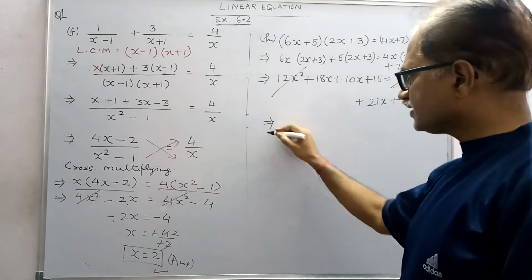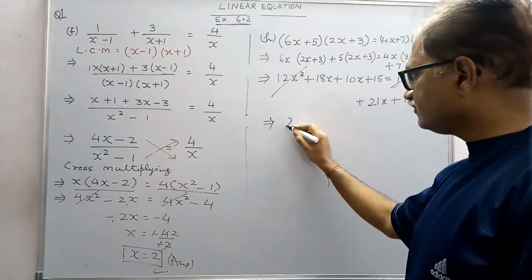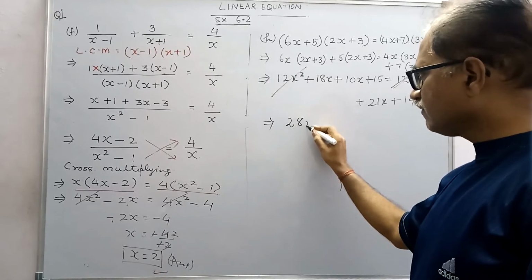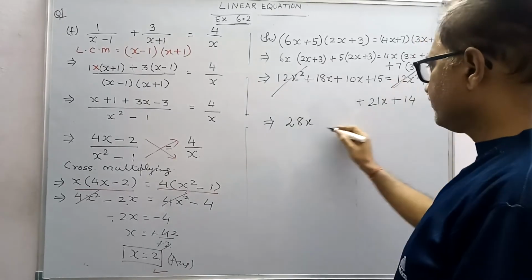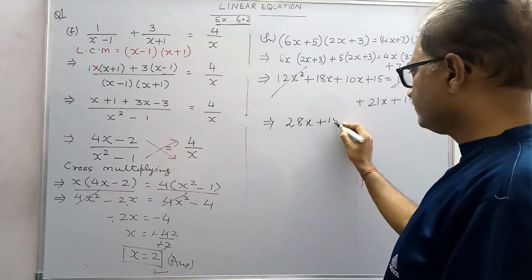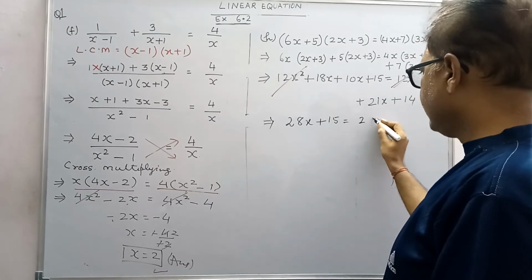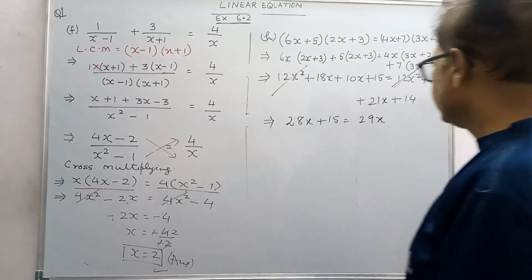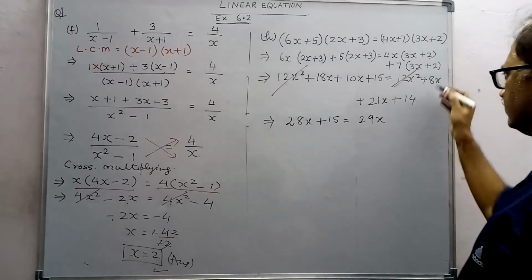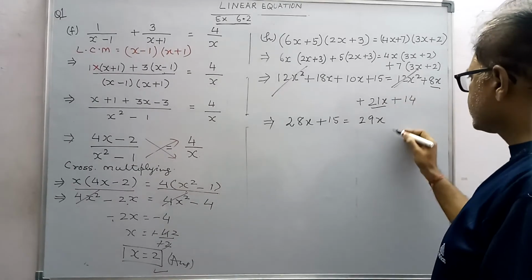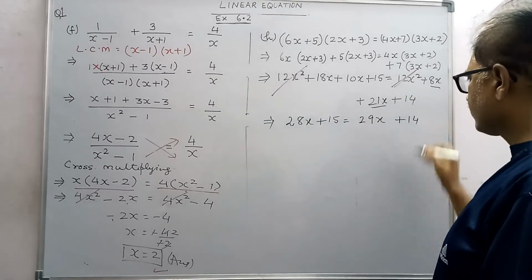Again you will put the implies sign. 18 plus 10 is 28x, and this is plus 15, so plus 15 as it is. Other side you get 8 plus 21, this and this will be added, 29x it will be. Plus 14 is here, 14 is here.